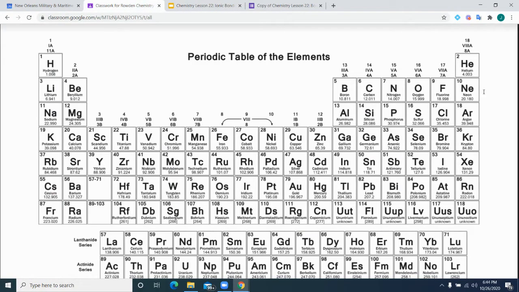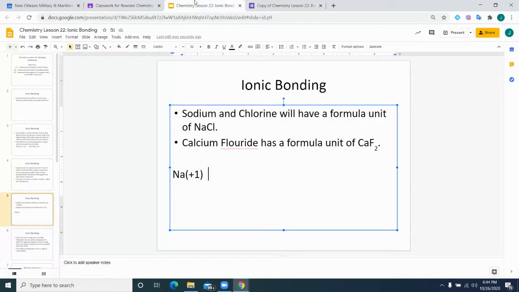Cl. Let's find Cl. Cl is right here in group 17. Everything right here is a -1. So Cl is -1. Now, do +1 and -1, do those cancel each other out? Yes, they do. That's why the answer ends up being NaCl. You just need one Na and you need one Cl. So just NaCl.